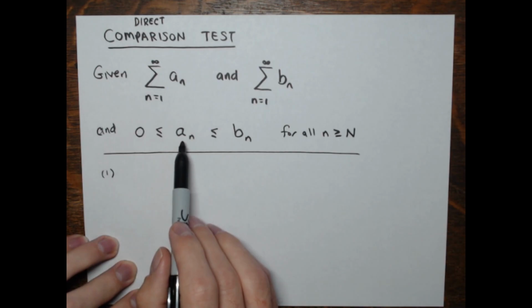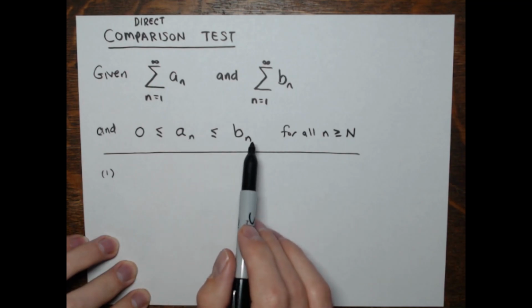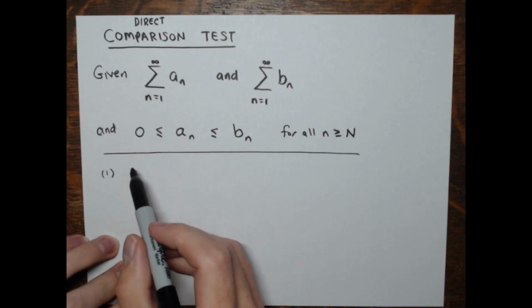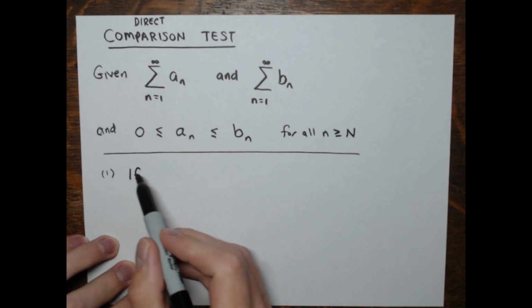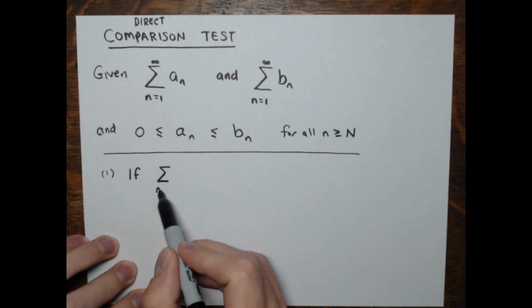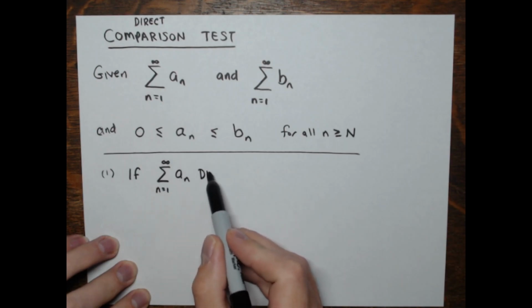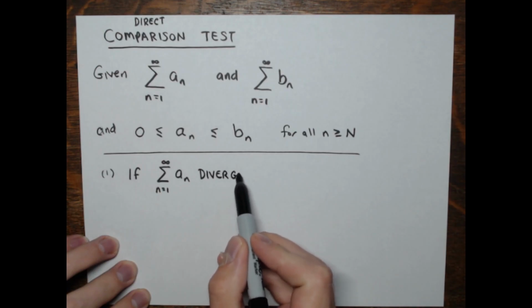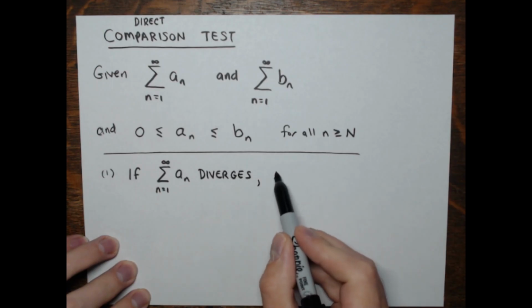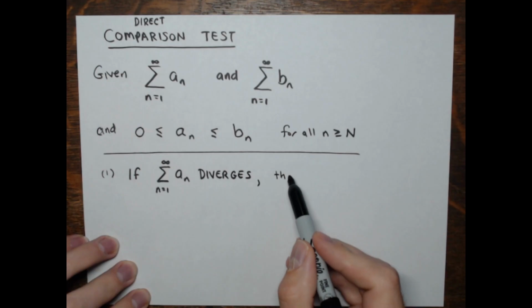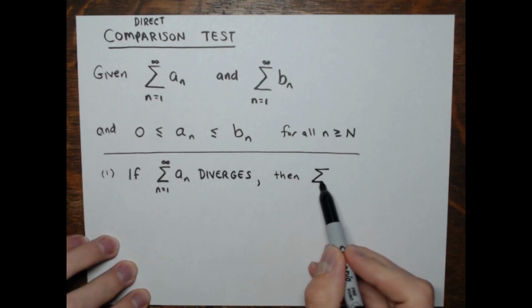And I've explained these a little bit when I was doing limit comparison. If the series of smaller terms, the a_n's, diverges, then the series of larger terms will also diverge because they're even larger. If the smaller series diverges, then the series of larger terms must also diverge.